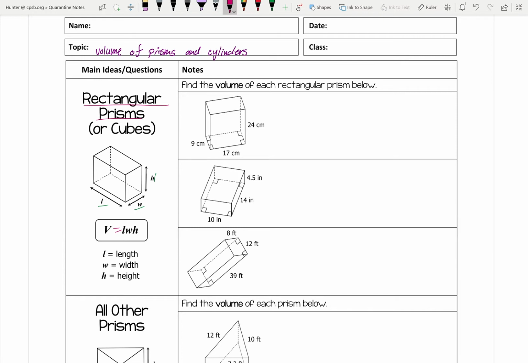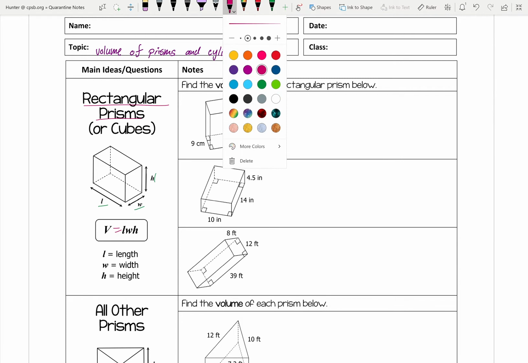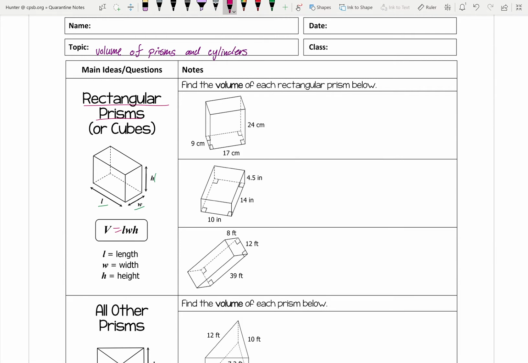So we're going to learn our first example. Let's find the volume of this rectangular prism. We have our length, our width, and our height. So volume is just equal to 9 times 17 times 24.